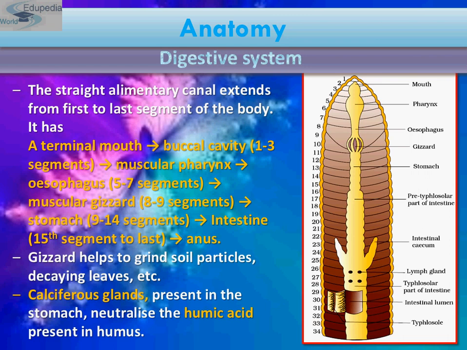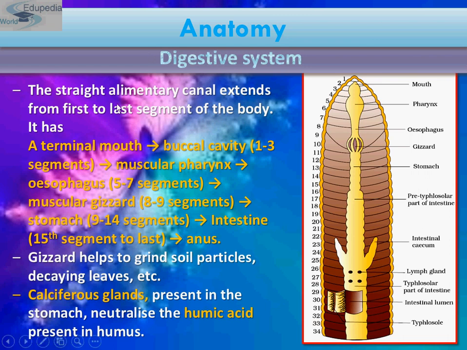The food then moves into the intestine, where gland cells release fluid to aid in the digestive process. The intestinal wall contains blood vessels where the digested food is absorbed and transported to the rest of the body. I hope it's clear to all of you.